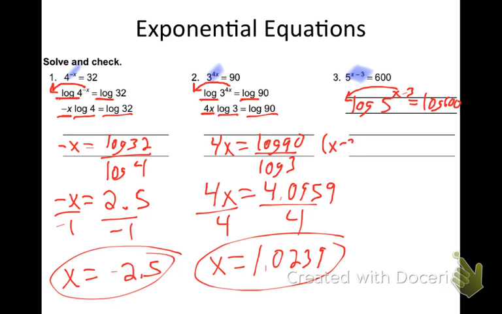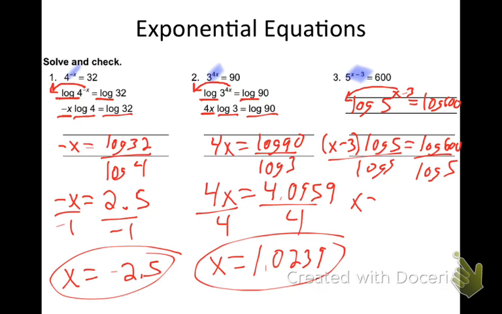Giving me x minus 3 log 5 equals log 600. Great. Now what do I want to do to both sides? Divide by log 5.